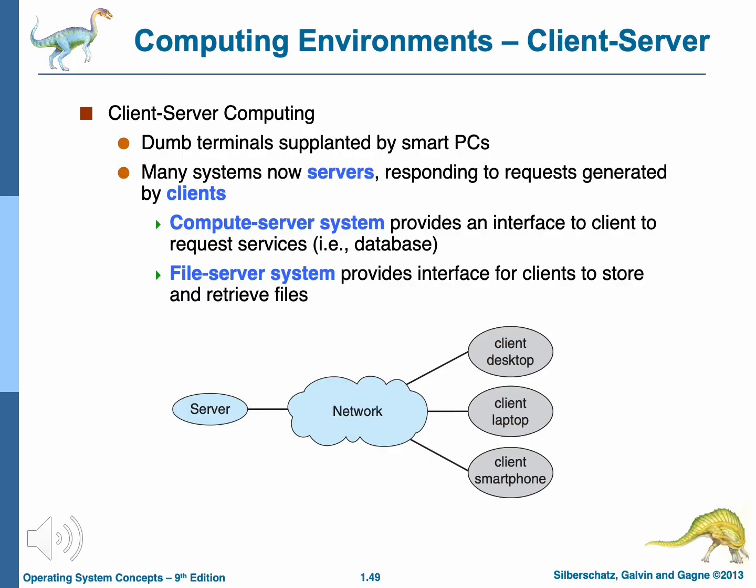A server running a database that responds to client requests for data is an example of such a system. The file server system provides a file system interface where clients can create, update, read, and delete files. An example of such a system is a web server that delivers files to clients running web browsers.